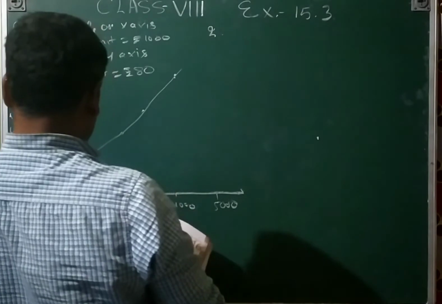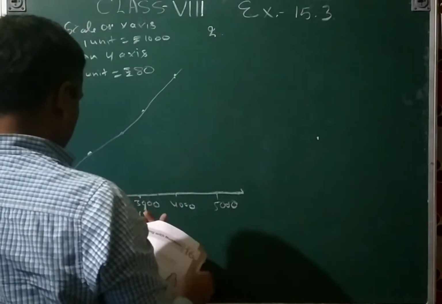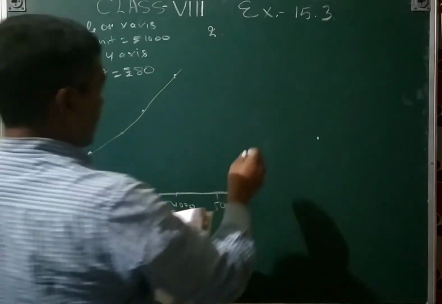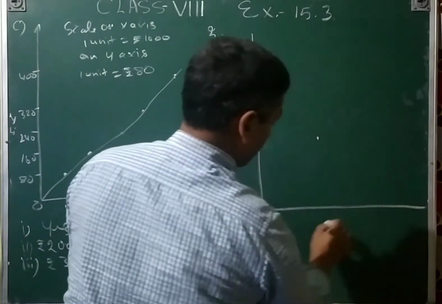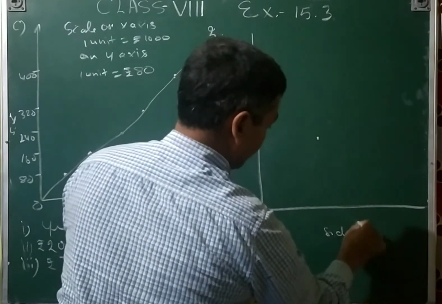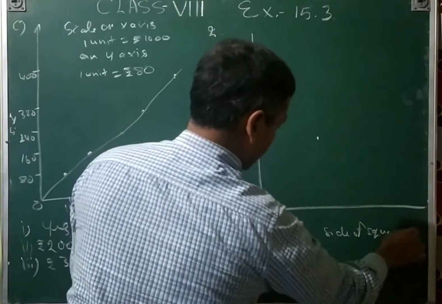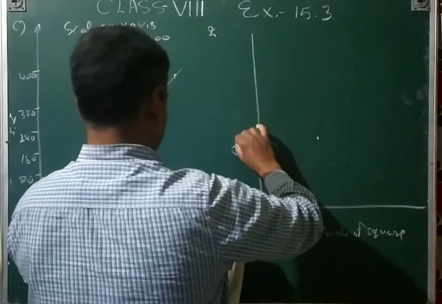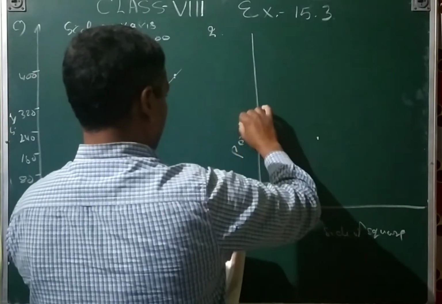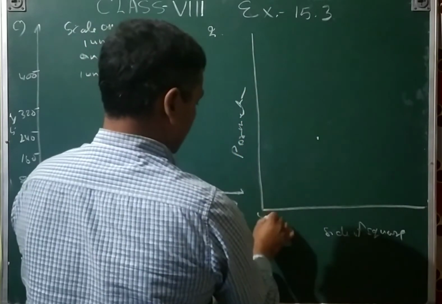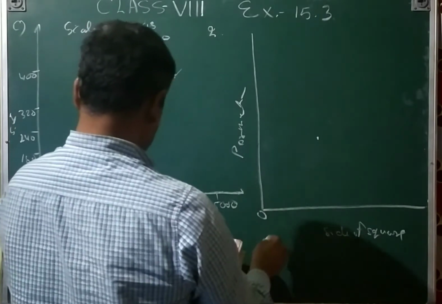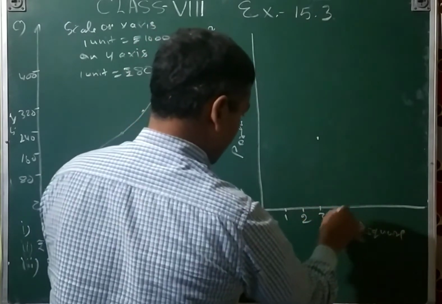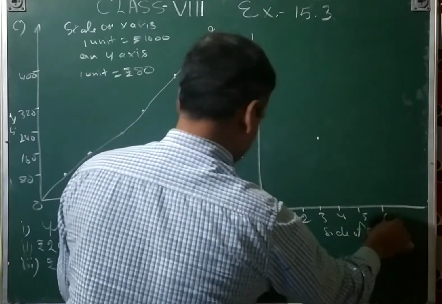Second question, draw the bar graph. So again we will write the same thing. Side of square, and then perimeter. So that is the origin point 0, and then 1, 2, 3, 4, 5, 6.